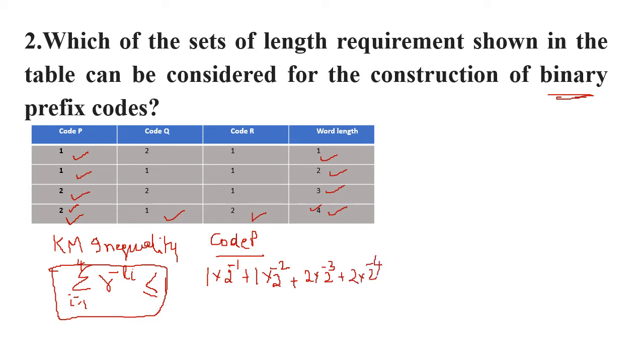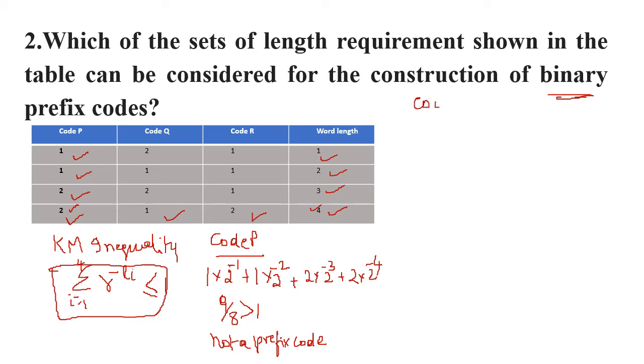Substitute in the calculator and see what you get. I think you are going to get 9 by 8, which is greater than 1. So it is not a prefix code. Code P is not a prefix code.